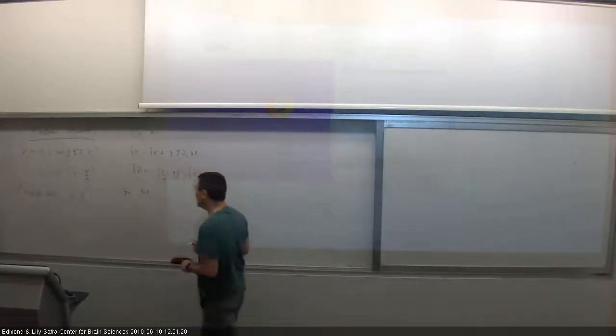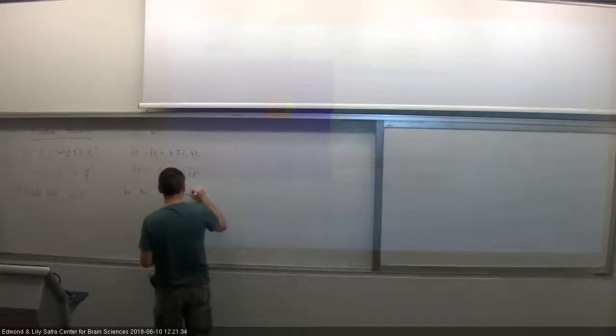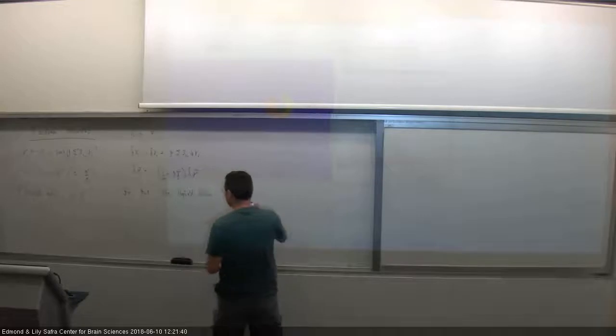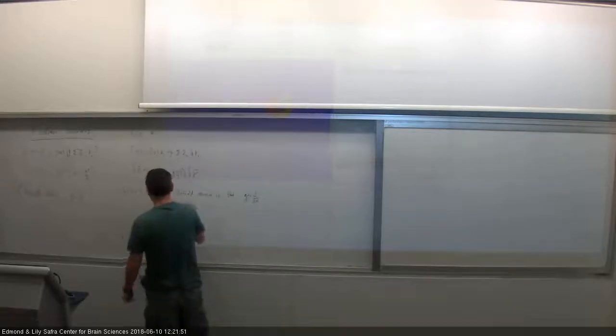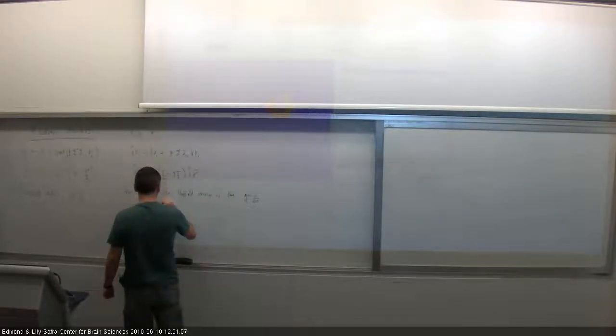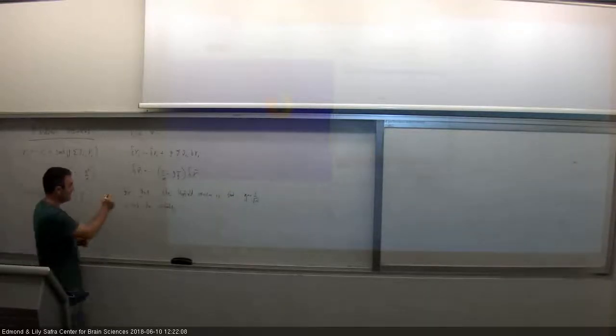For beta being equal to 1, the Hopfield intuition is that G that is 1 over square root of n is sufficient for instability. Right? So this is the intuition that we have from the Hopfield model.